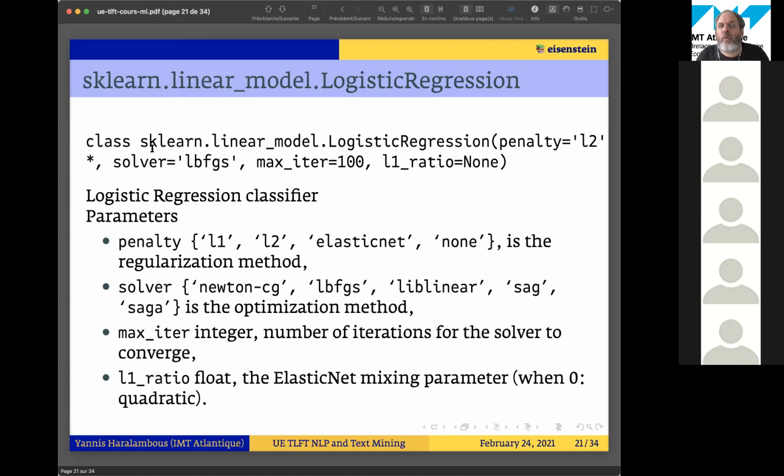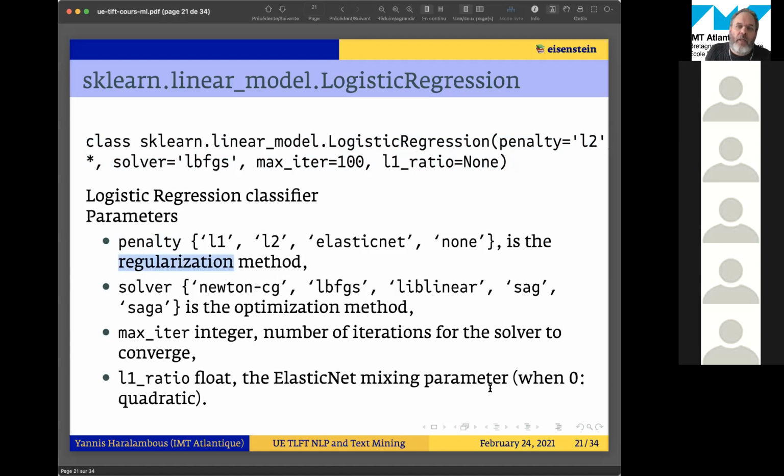So here is the code. Once I'm finished with logistic regression, we will take a break. So here is, once again, the scikit-learn class for logistic regression. And now you can understand the different parameters. What is called penalty is, in fact, what we called regularization.